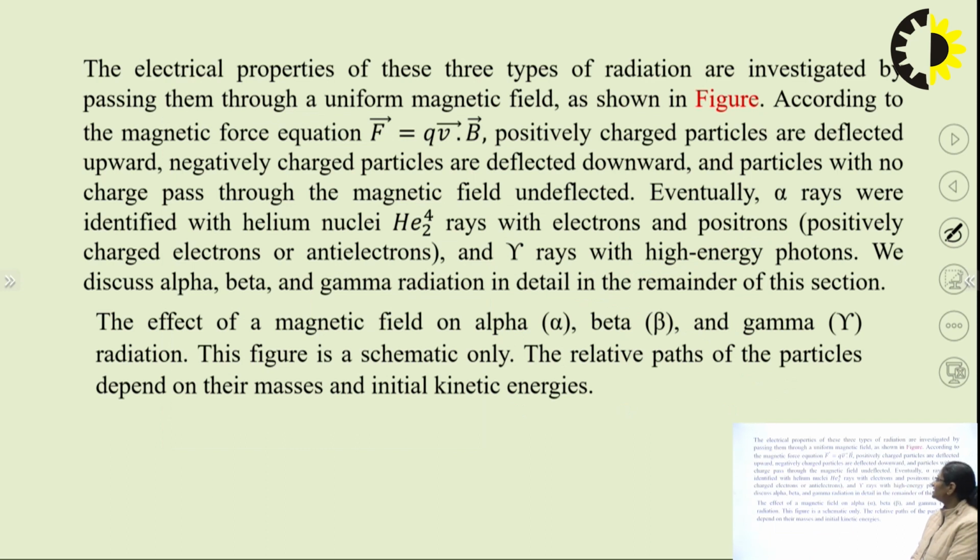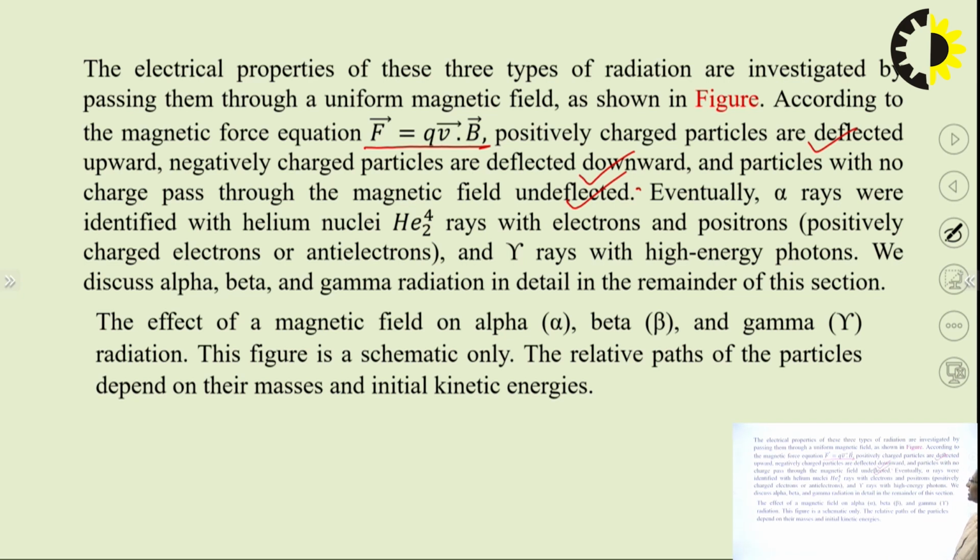According to the magnetic force equation, F = qvB, positively charged particles are deflected in the upward direction, negatively charged particles are deflected in the downward direction, and the particles with no charge pass through the magnetic field undeflected, right?